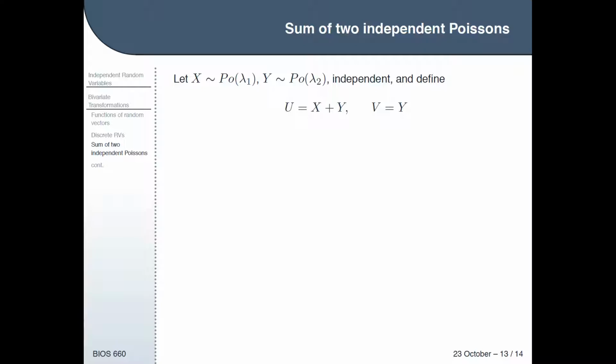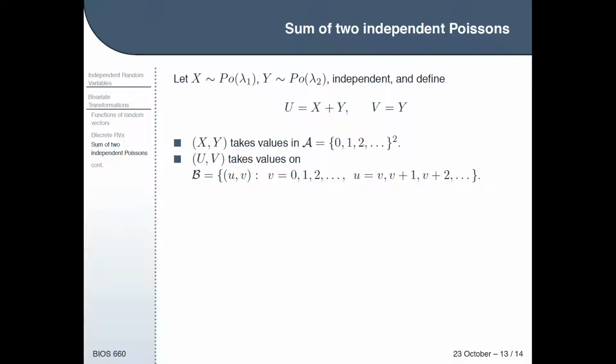If x and y are both Poissons with parameters lambda 1 and lambda 2, you define u to be the one that you really care about, the sum of the two, and v is just kind of a throwaway that you can use to grease these calculations a bit. So both x and y take on values in the support 0, 1, 2, up to infinity.